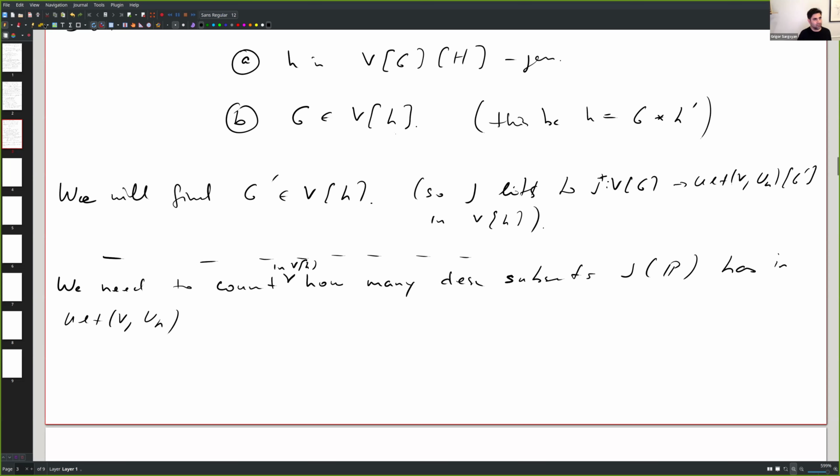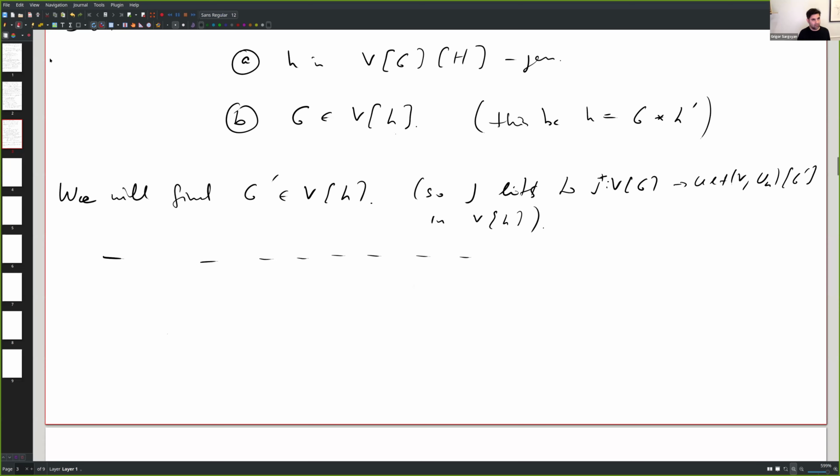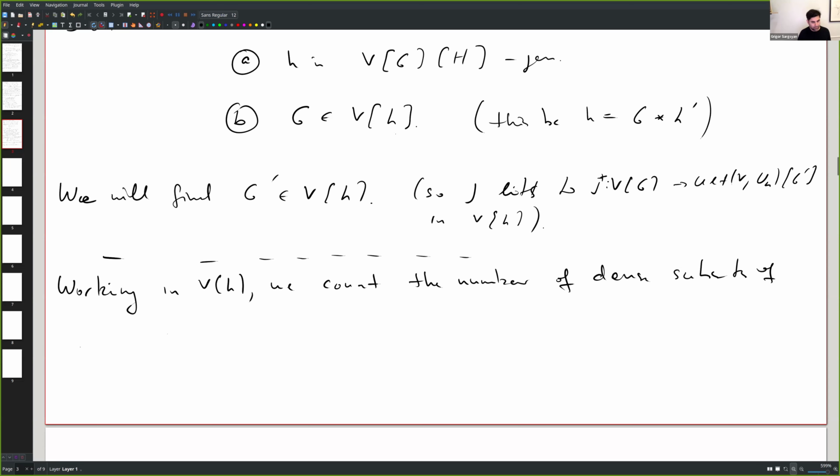So let me make the sentence more proper. Working in V[H], we count the number of dense subsets of J(P) that are in the ultrapower.